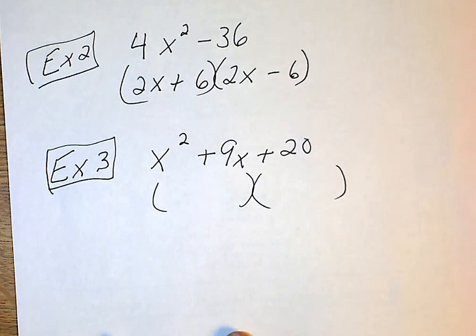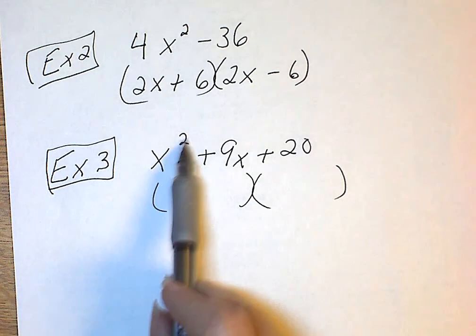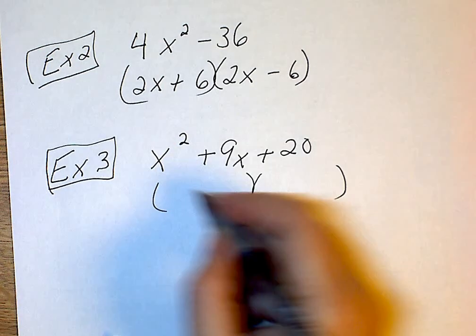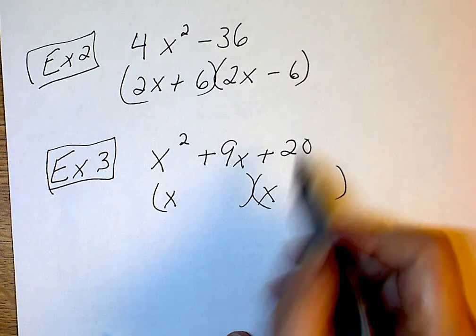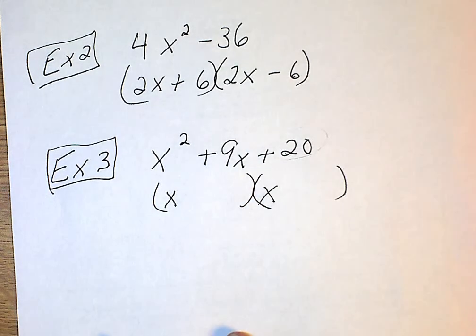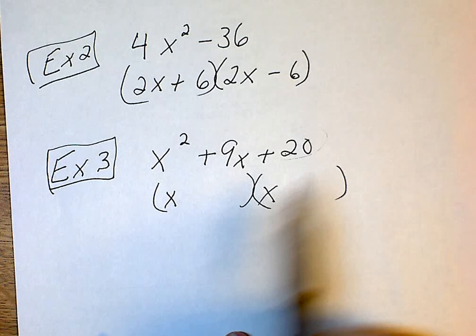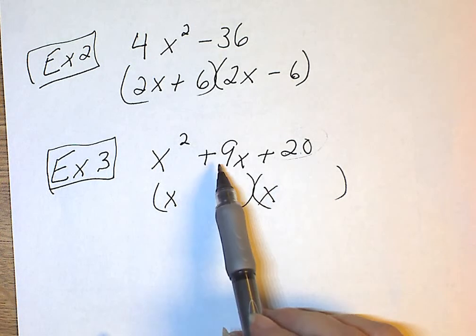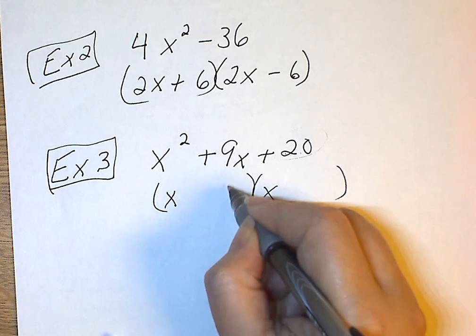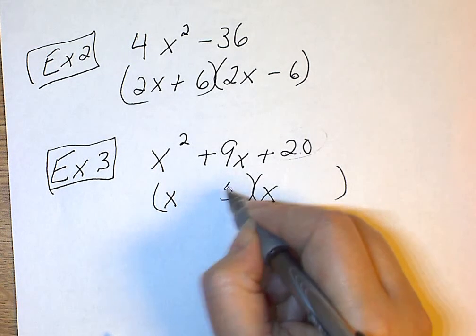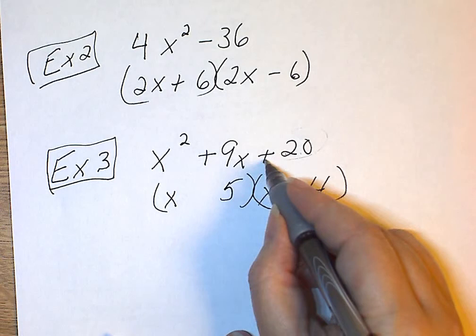What 2 things multiplied together give you x squared? x. So we put an x there and an x there. This number tells me I want 2 numbers that multiply together to give me 20 and that add to give me 9. 5 and 4. It has to be positive, so they're both going to be plus.